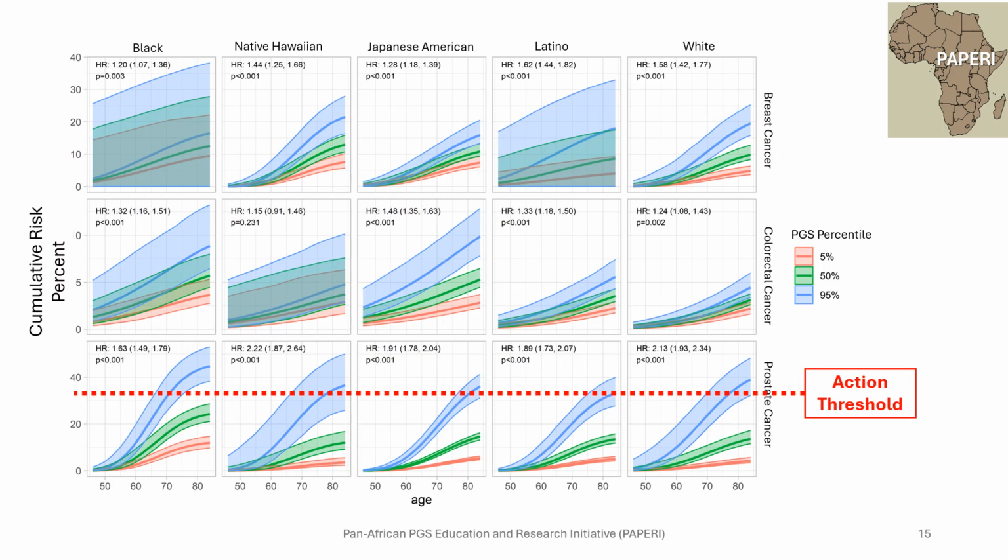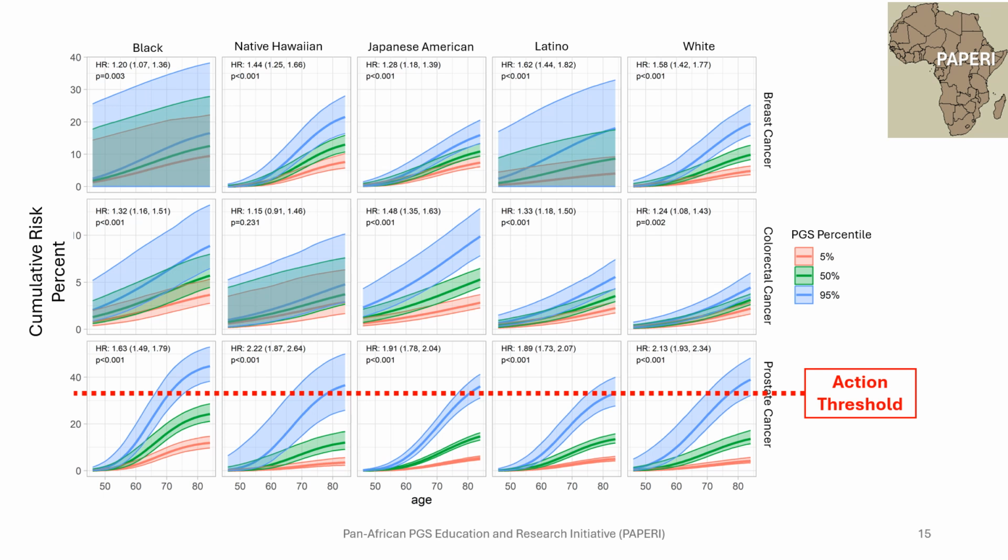As I mentioned earlier, one really important thing to consider when determining if a polygenic risk score should be used in an intervention or an altered screening protocol is this idea of an action threshold. Basically, this would correspond to either a polygenic risk score value or somebody's predicted risk based on a risk prediction model that uses a polygenic risk score.